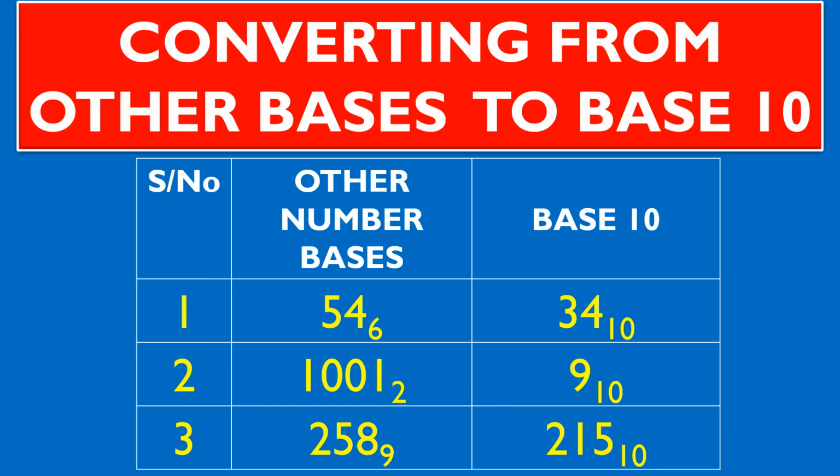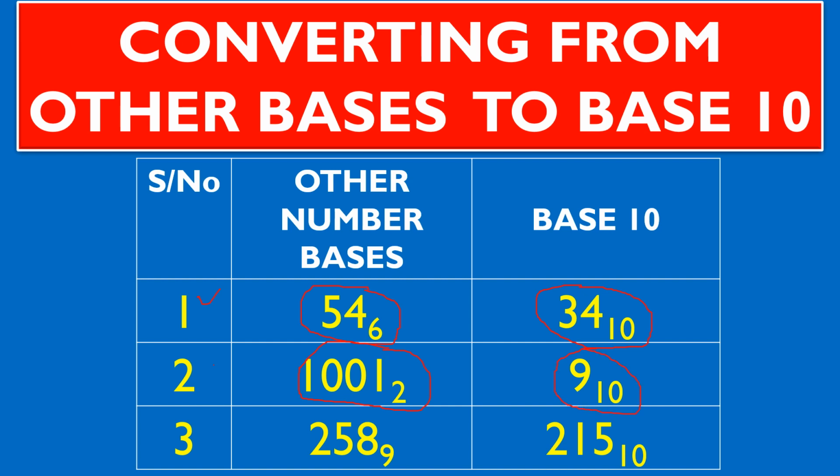So we can quickly see the summary of the 3 examples that we have done. The first was to convert 54 in base 6 to base 10, and we got 34 in base 10. Next we had 1001 in base 2, and in converting it to base 10 we have 9 in base 10.